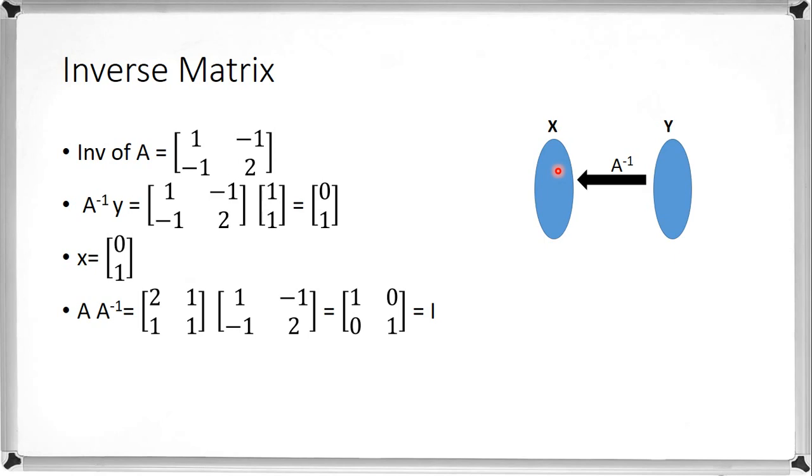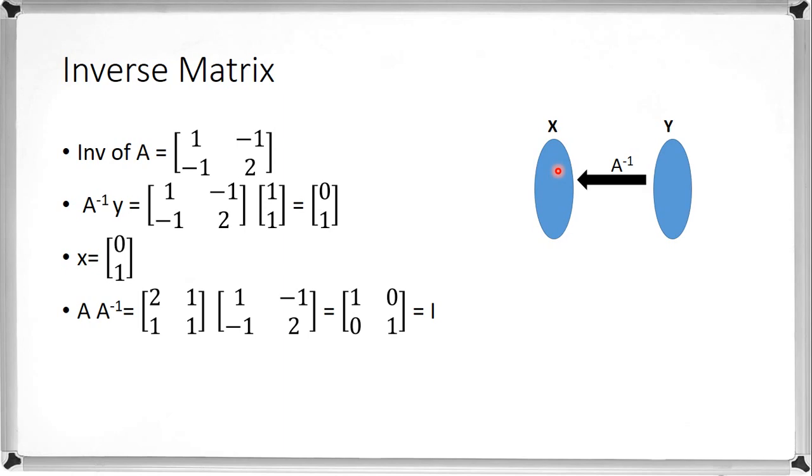It has a very interesting property. When we multiply inverse matrix with the matrix itself, we get a new matrix, which is basically the identity matrix.